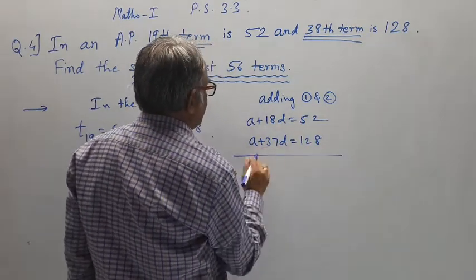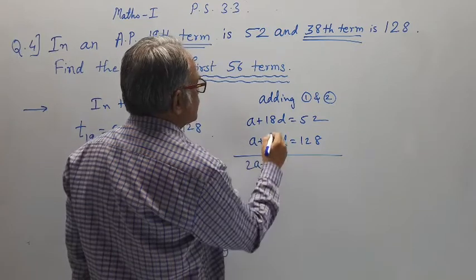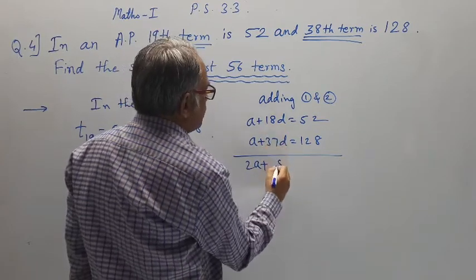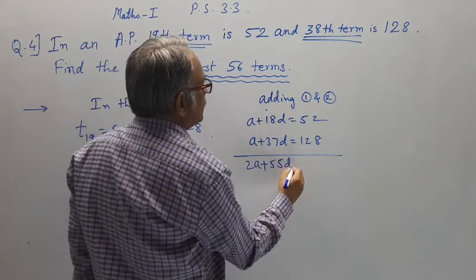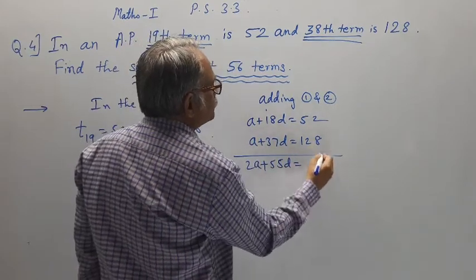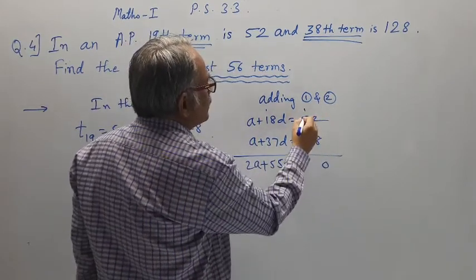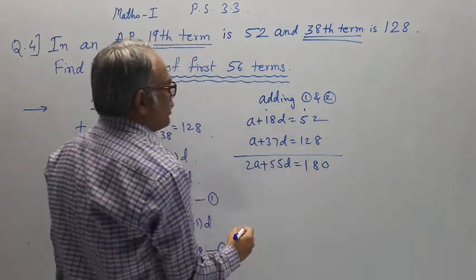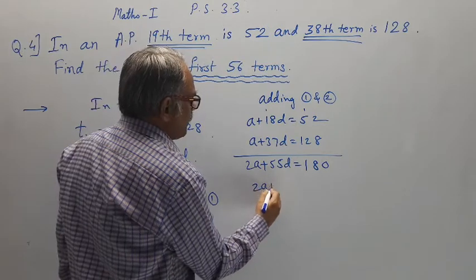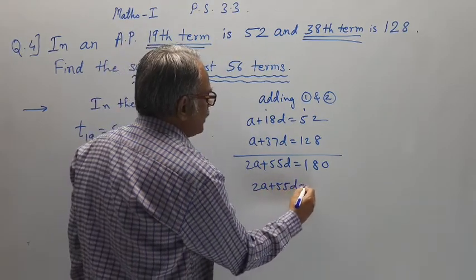Add, it will be 2A plus 55D, equal to 180. 2A plus 55D equal to 180. Equation number 3.